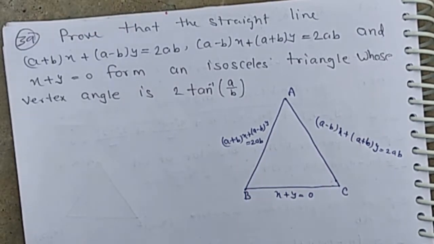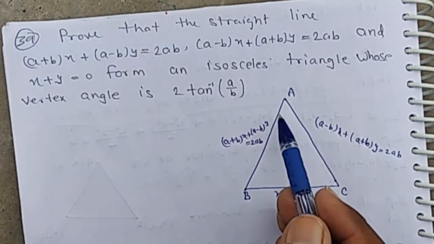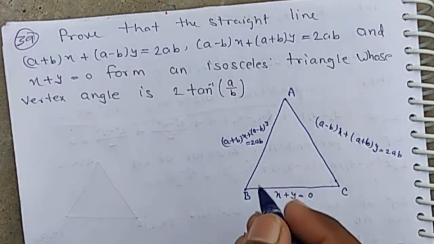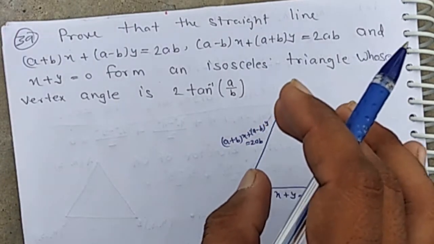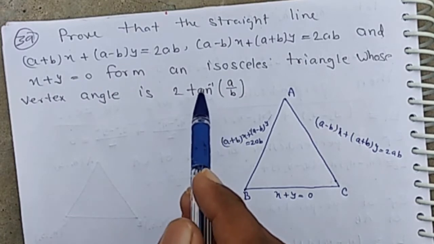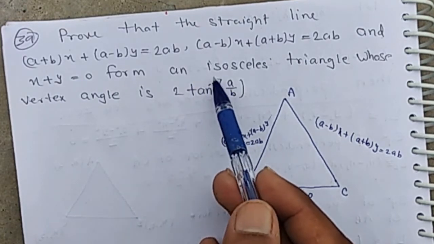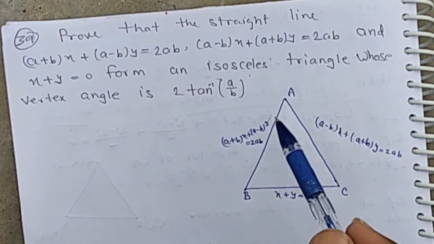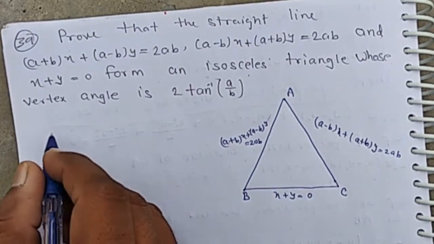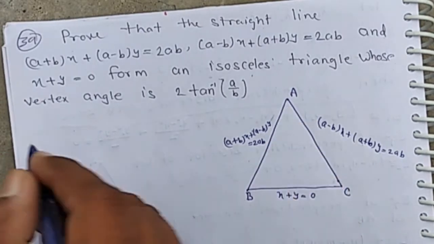Firstly, we find the intersection points of AB, AC and BC. Since it is a triangle, we have to show that the triangle is isosceles, which means we have to show that at least two sides are equal, especially the intersection of AB and AC.